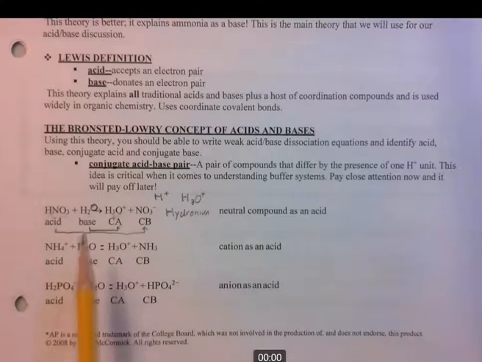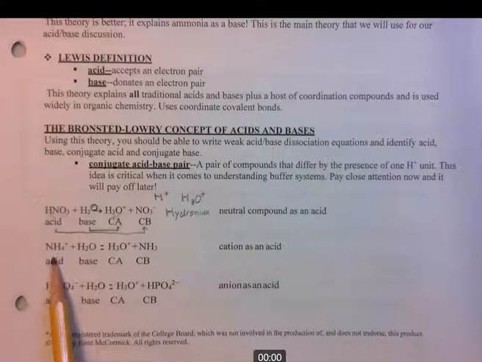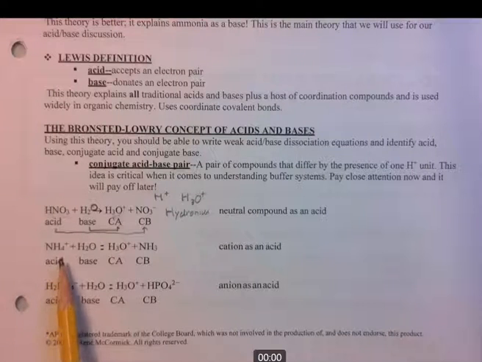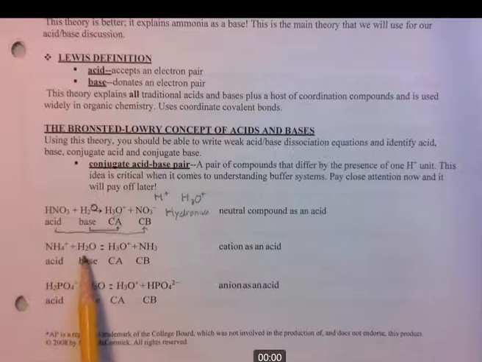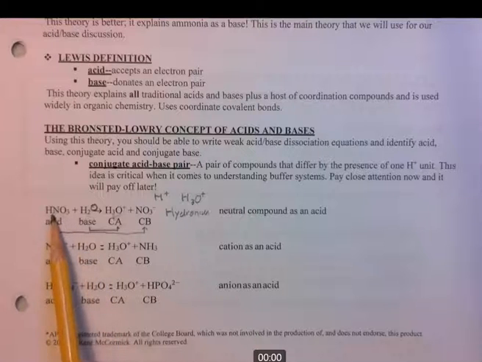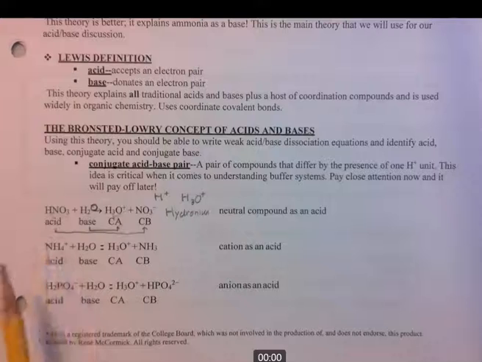Okay, next one, NH4+. So NH4+ is an acid because it has that positive charge, that extra proton. It's really an ammonia molecule with an extra proton. And when it gets near water, it won't do this 100% of the time. In the previous reaction, the H jumps away from the NO3 all the time, 100% of the time.